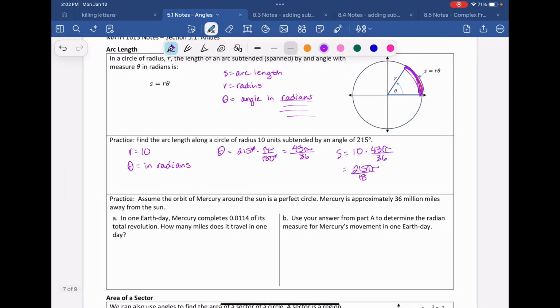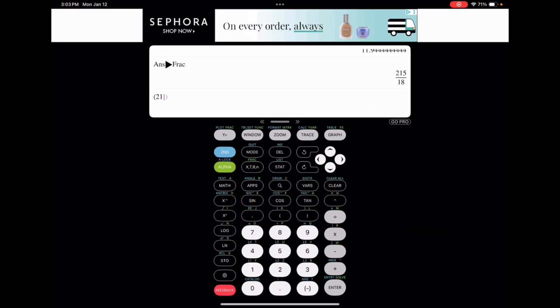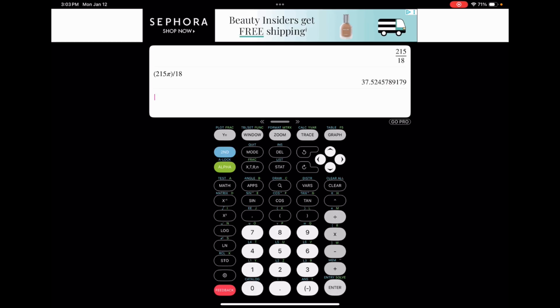Which I would 100% change to its decimal. So I'm going to do 215, put that in parentheses like I just did, divided by 18. So 37.525.